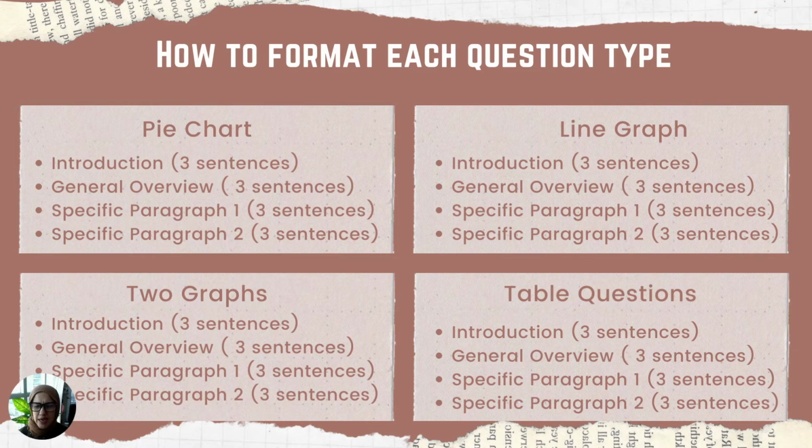I have broken it down just so you see that there is no difference in the way you write out your answer. So, for example, for a pie chart, you would have an introduction, general overview, specific paragraph number 1, and specific paragraph number 2, and they all have 3 sentences each.